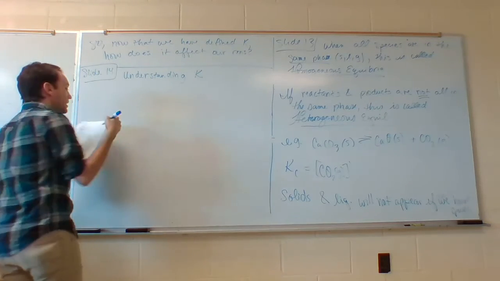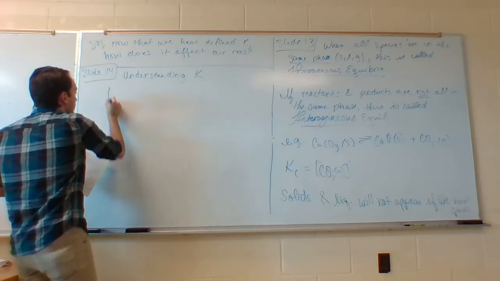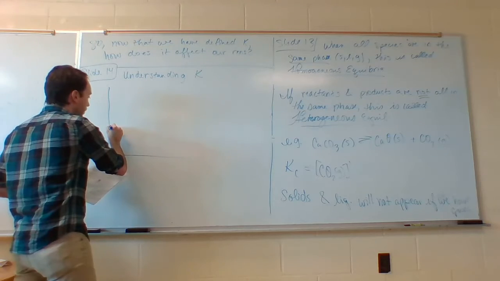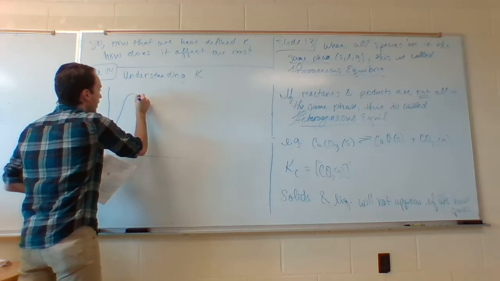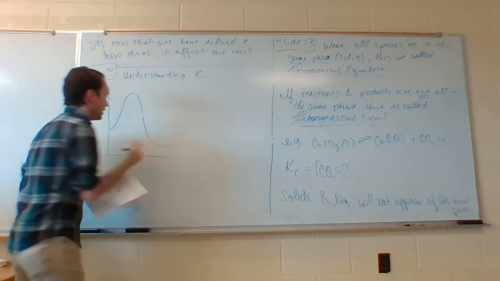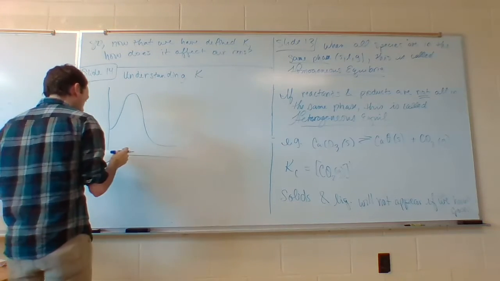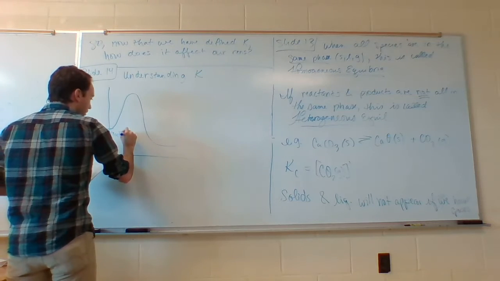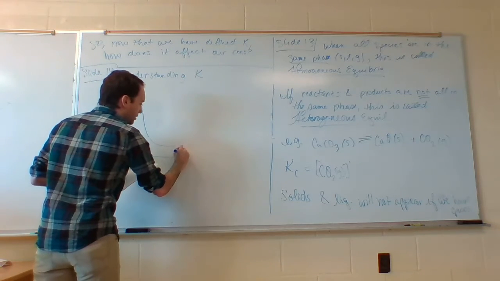In order to do that, let's consider our reaction coordinate. Remember that thing that we talked about at the end of the last chapter, where we started with our reactants, we went up, and then we went down to products. On this side we have reactants. On this side we have products.